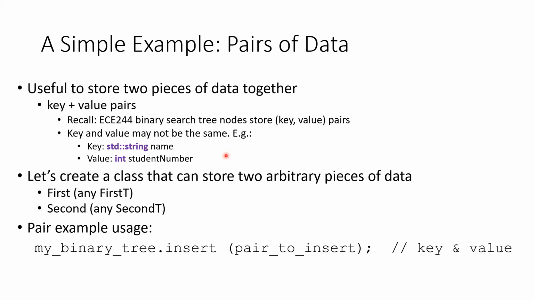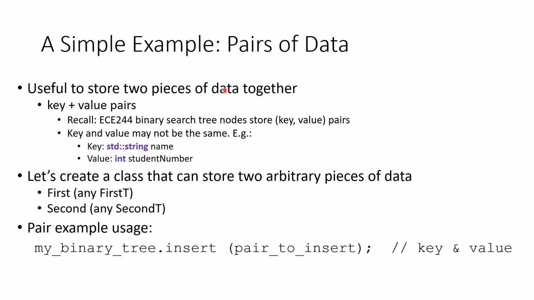I'll be starting with a simple example of pairs. So for a pair, it will store two pieces of data together. It can be, for example, a key plus a value. For example, a key can be a name and a value can be a student number.